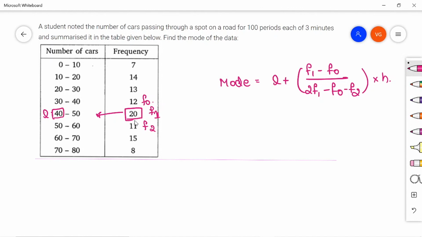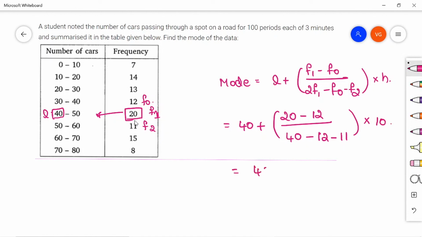So now just substitute everything here. 40 plus F1 is 20 minus F0 is 12 divided by 2F1. So 2 into 20, 40 minus F0, that is 12, minus F2, 11, into the height of the class 50 minus 40, so that is 10 here.